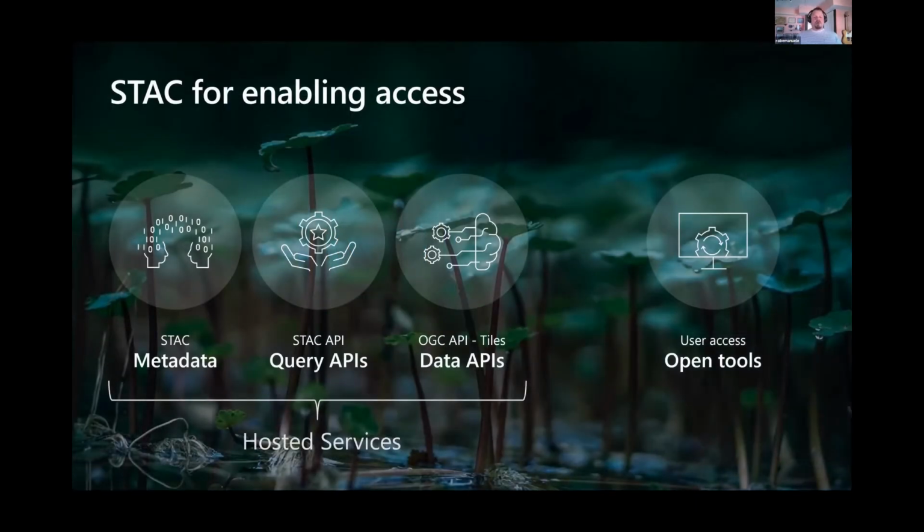We're doing that through hosted services, generating STAC metadata, hosting STAC APIs, and also providing some data access APIs through OGC standards like OGC API Tiles, and then supporting open tooling around accessing our data through those mechanisms. Matt talked about the ability to search STAC endpoints. That's something that I see us really supporting in the ecosystem.